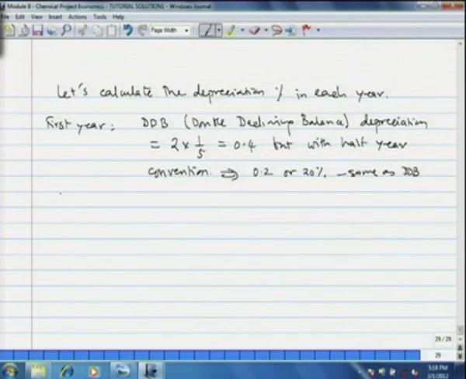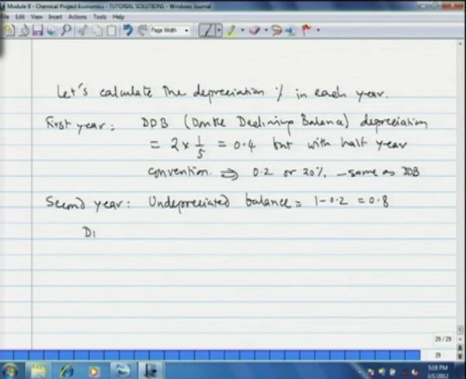In the second year, undepreciated balance is 1 minus 0.2. 0.2 is the depreciation in the first year. So, undepreciated balance after first year is 0.8. Okay.